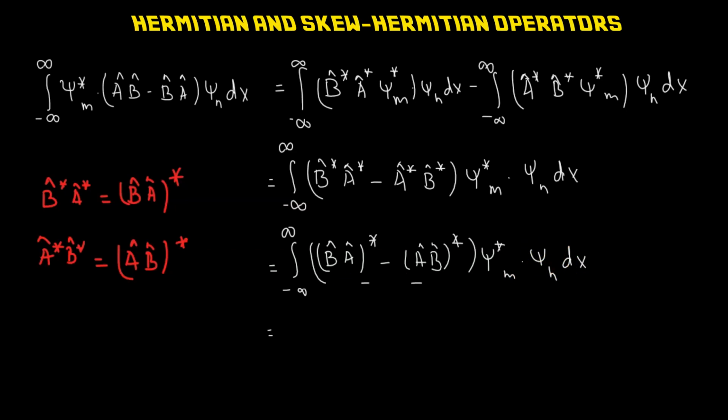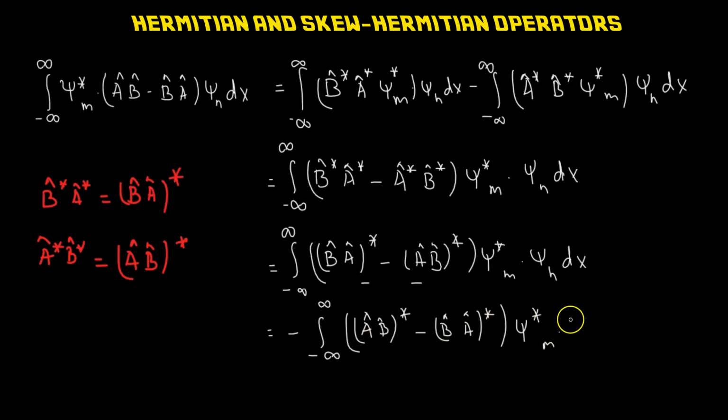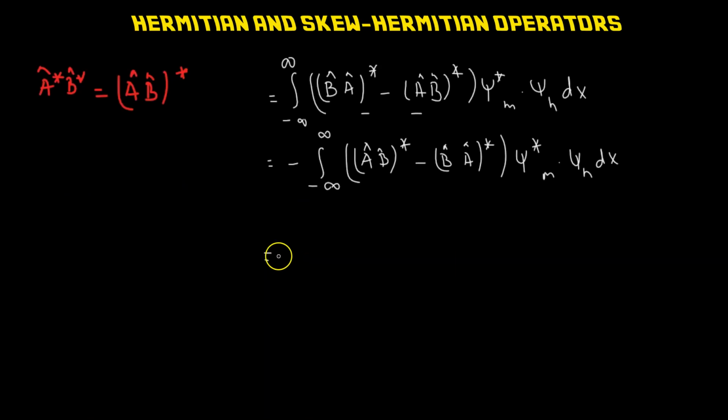What we will do is take negative as the common factor, so that we can rewrite this expression as negative integral from negative infinity to positive infinity of AB conjugate minus BA conjugate, whole thing operating on psi star m times psi n dx, which is equal to negative times the integral from negative infinity to positive infinity.